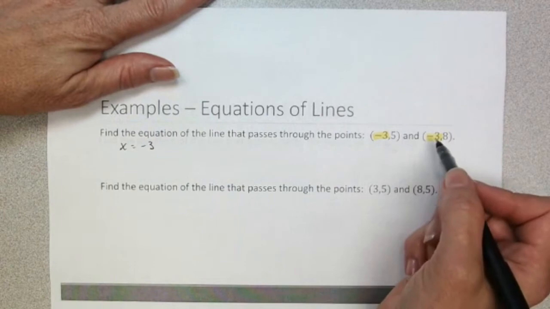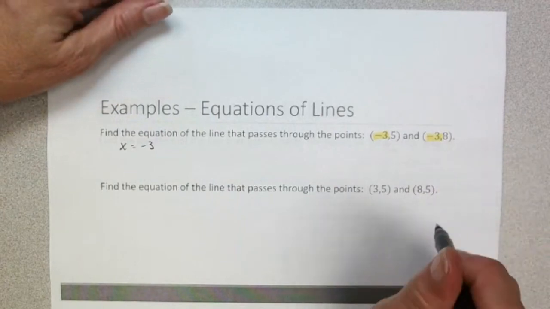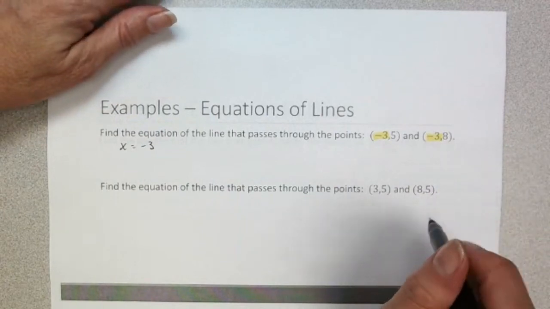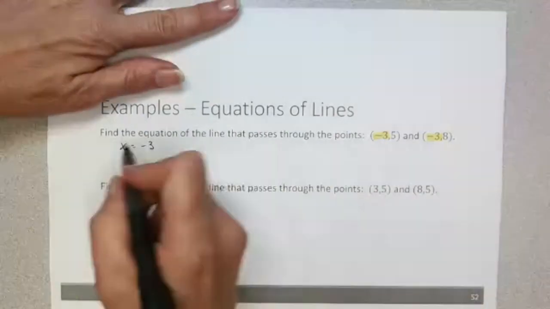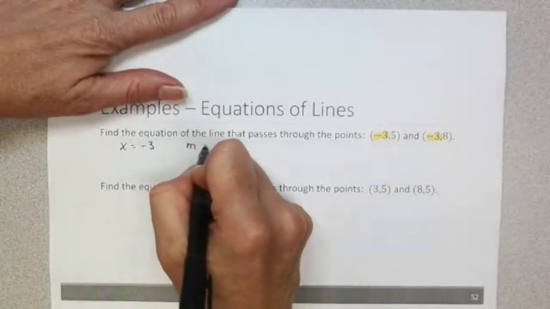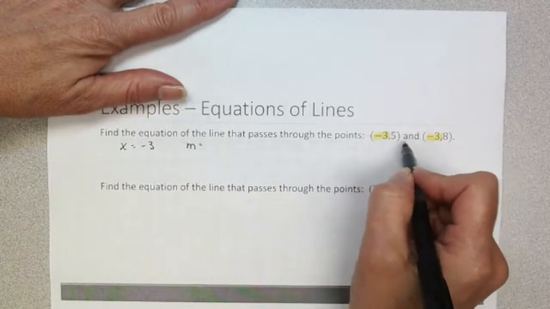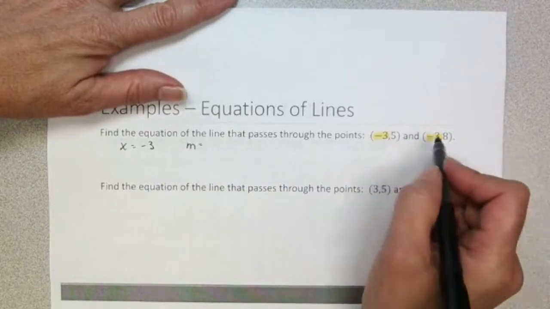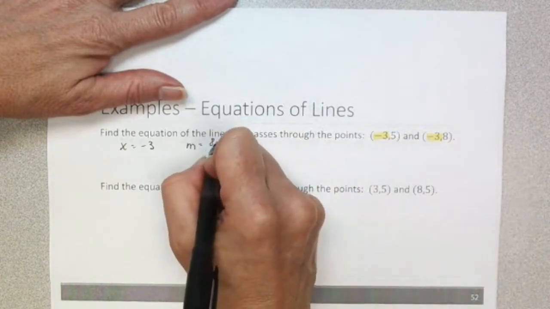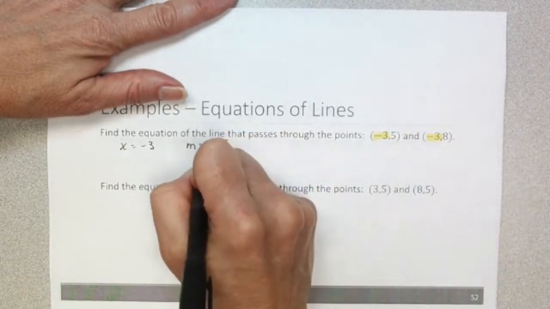But if I hadn't noticed that, I could go about this the same way that I was doing the last examples. I don't know the slope, but I could calculate the slope, right? Let's see what the slope is. I might remember that it's a divide by 0, so it's undefined, right? But if I didn't, I could do y2 minus y1 over x2 minus x1.